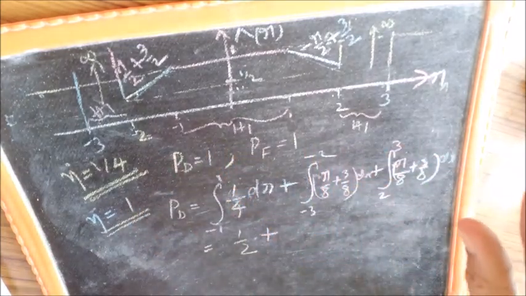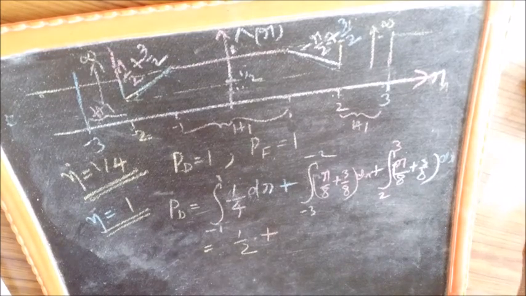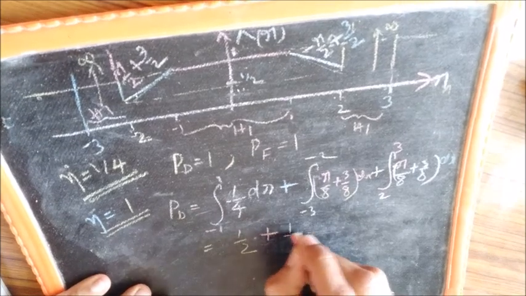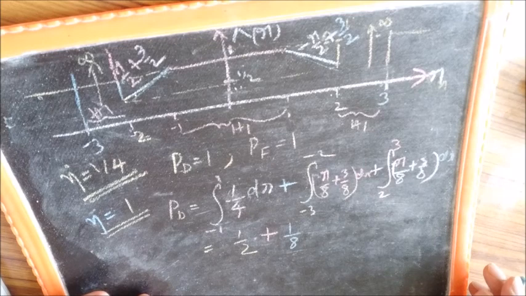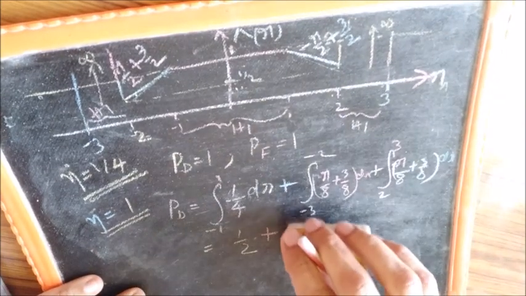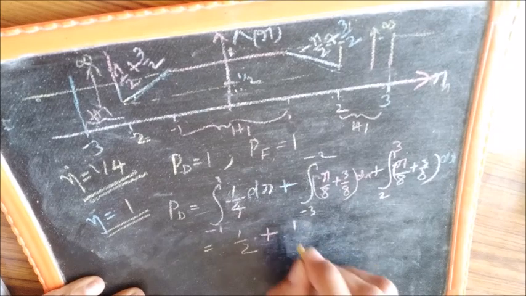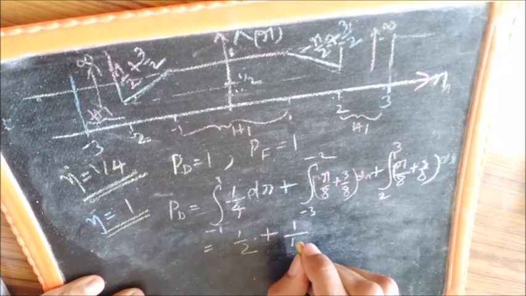The result for minus 1 to 1 will be 1 by 2. The height of the triangle from minus 3 to minus 2 is 1 by 8, and the base is 1, so the area will be 1 by 16.